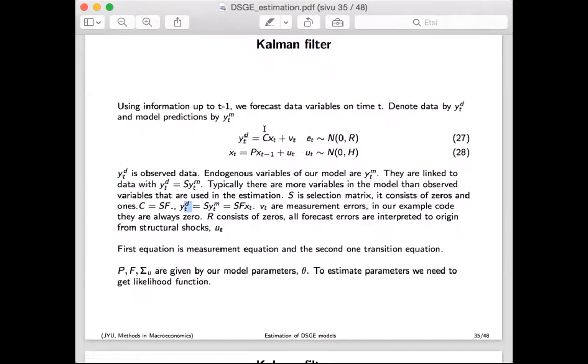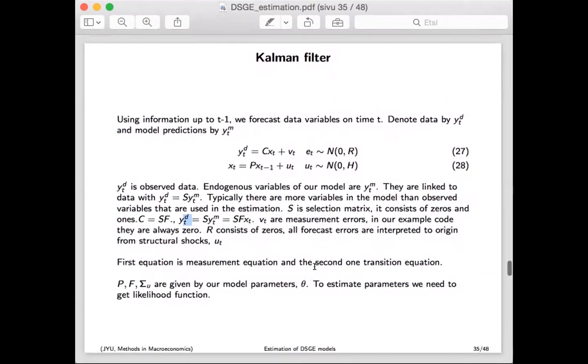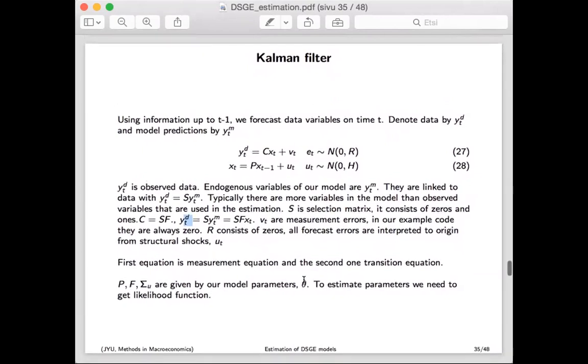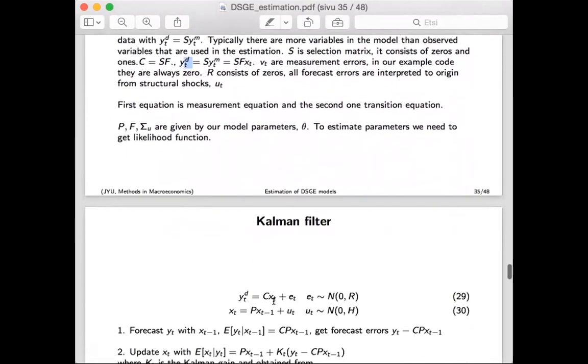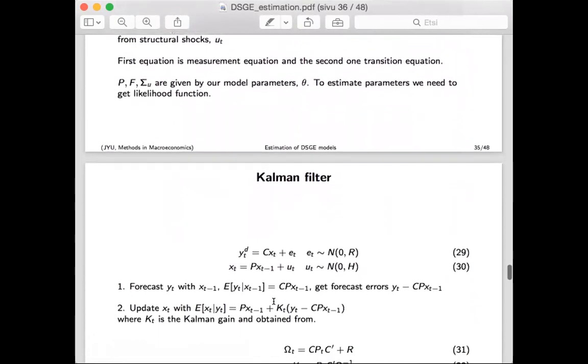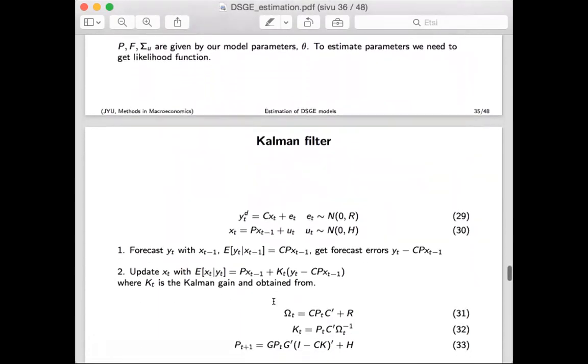Then these matrices and various covariance matrices are given by our model parameters, and then one needs to estimate these model parameters, which determine these matrices. And for that estimation, we need to get the likelihood function.